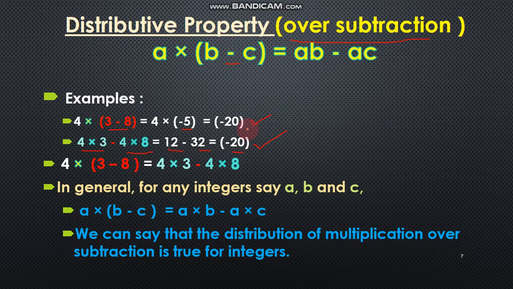Which means LHS and RHS are the same. So in general, for any integers a, b and c, a multiplied by (b minus c) is the same as a into b minus a into c. This means distribution of multiplication over subtraction is also true in the case of integers.